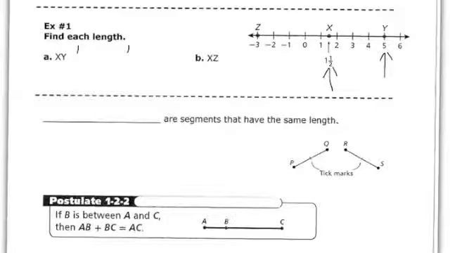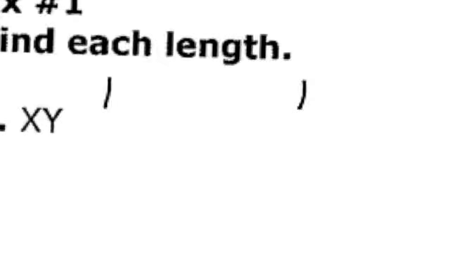Let's zoom in. We knew that X was 1.5, and our Y was 5, and we had to find the difference between those. If you take 1.5 minus 5, you get the absolute value of minus 3.5.